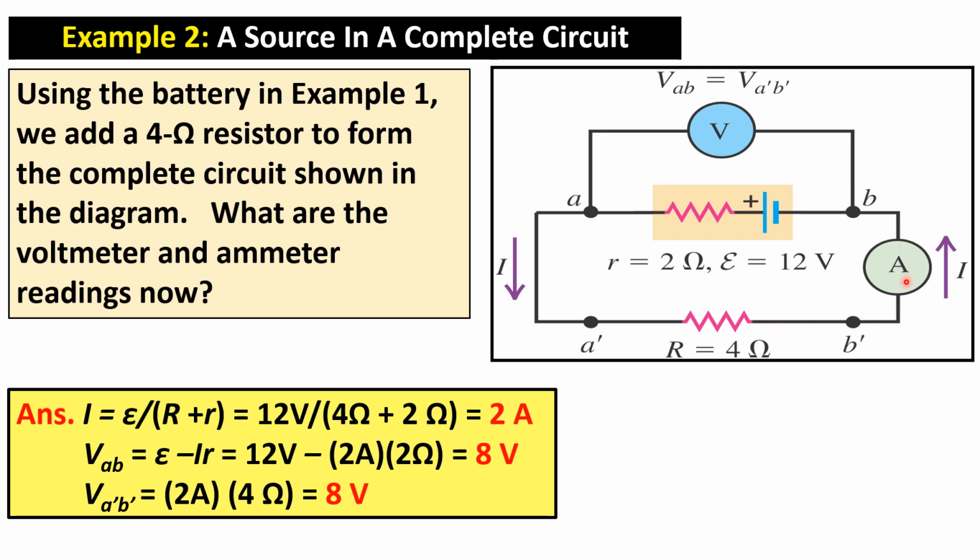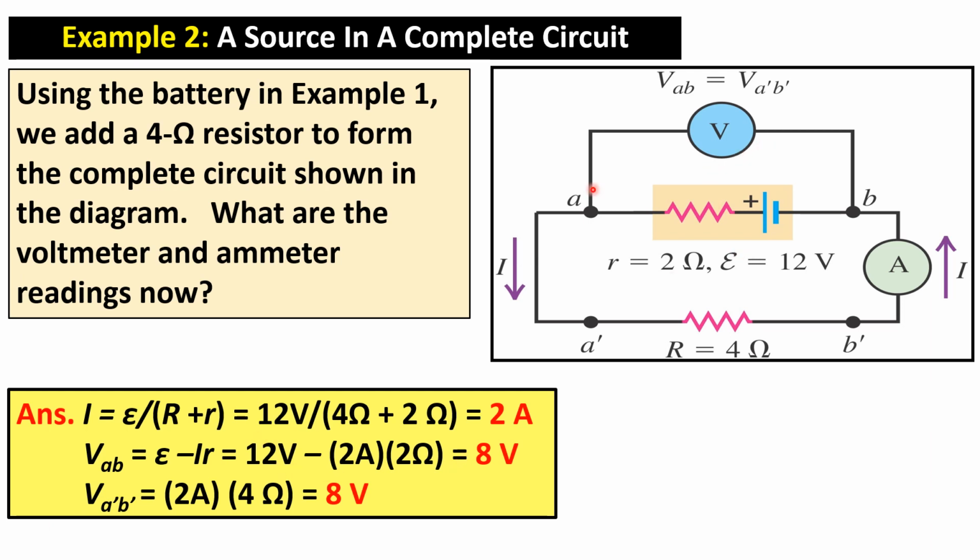That's why that current of 2 amperes will be the ammeter reading, because the ammeter has zero resistance. All the current that passes through it can be detected by the ammeter because of its practically zero resistance.